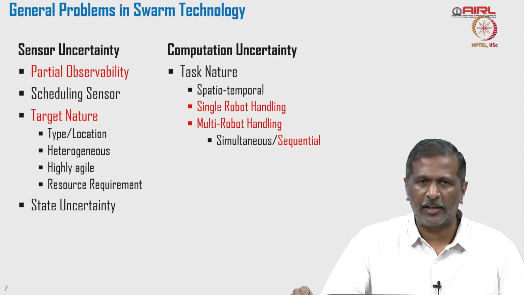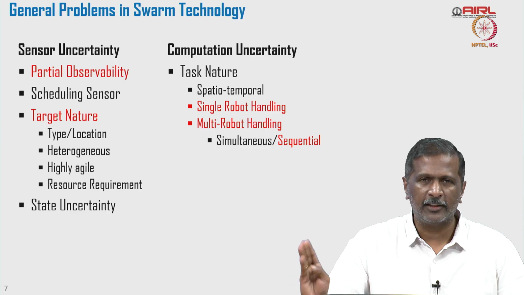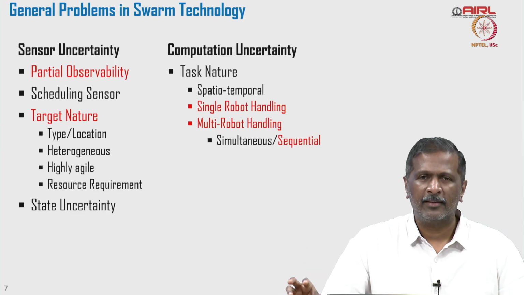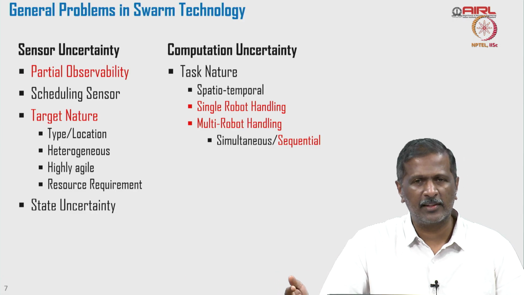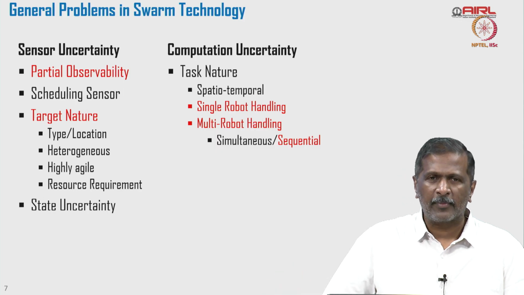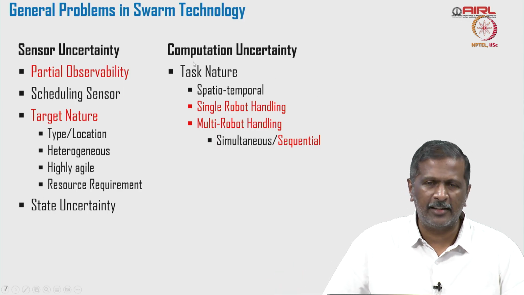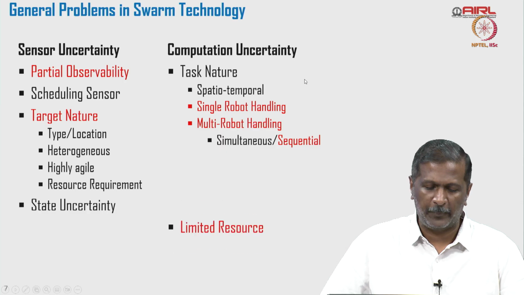For example, in forest firefighting, the drones need to spray liquid or chemical to quench the fire. Sometimes they have to act sequentially. You need to deliver one after another in a specific sequence. What is that particular nature of the target, which is unknown for me?